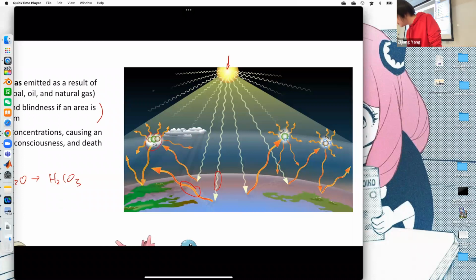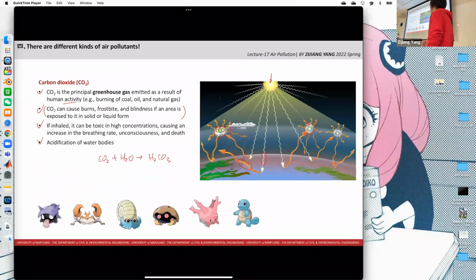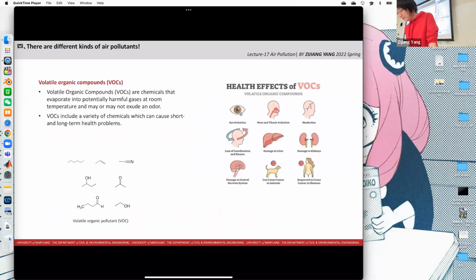Carbon dioxide and water vapor are very happy to receive radiation that has long wavelengths. When they receive this radiation, they increase in temperature, so the temperature of the atmosphere will increase. A large amount of CO2 in the atmosphere will strongly increase the temperature of the atmosphere. So they are not quite good.